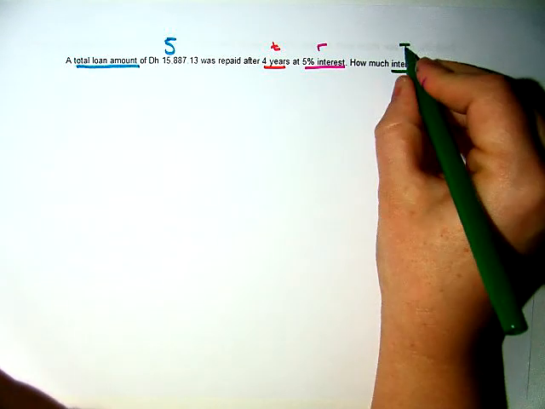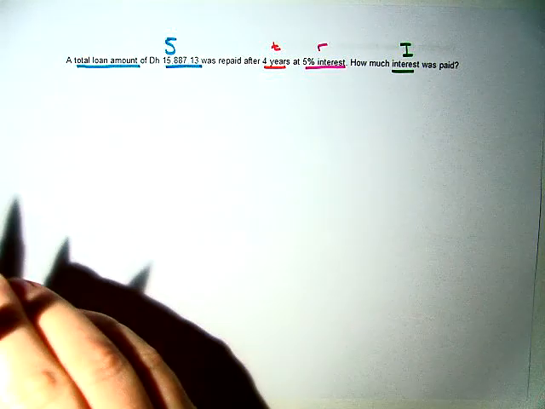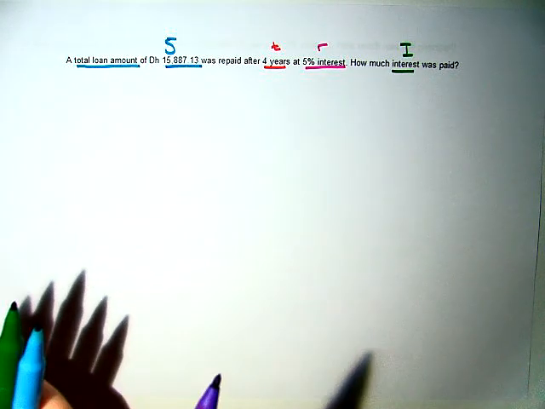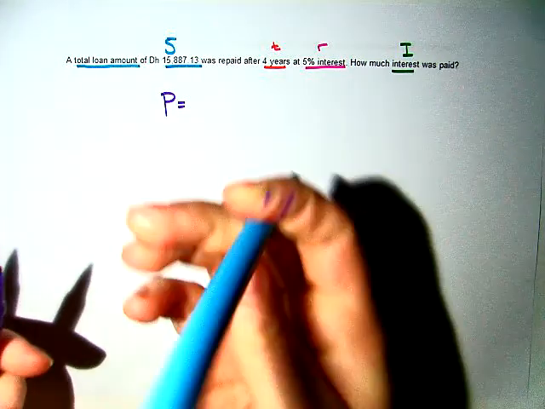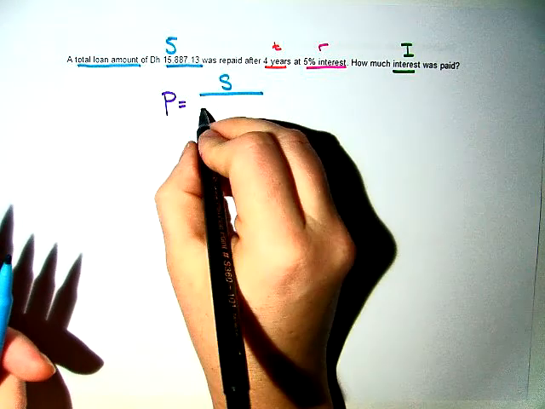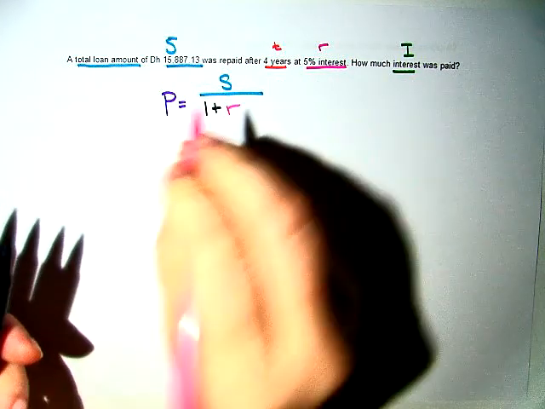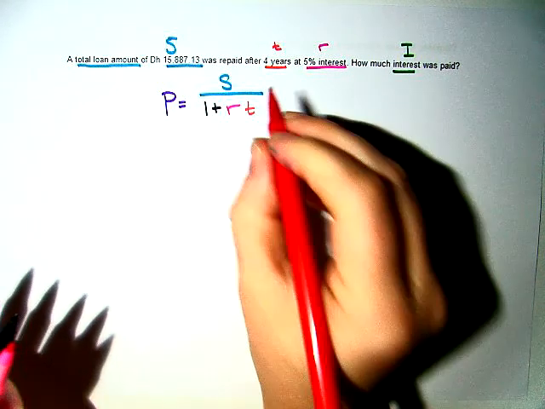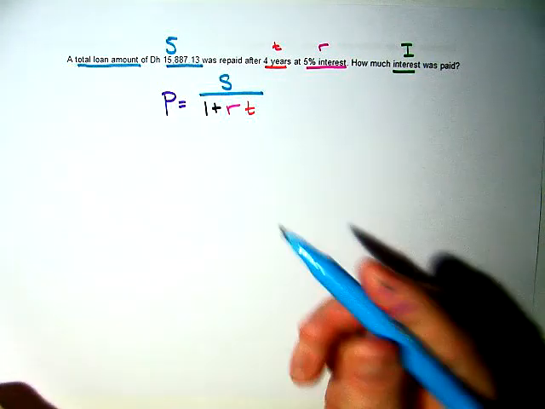So they're asking about I. But in order to find I, we need to first find P. Now we know that the principal is going to be the full amount divided by 1 plus rate multiplied by time. This is one of the equations that came out of our parent equation that we've been using. So let's go ahead and solve this.